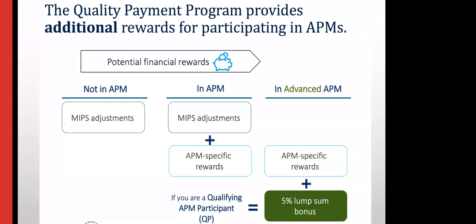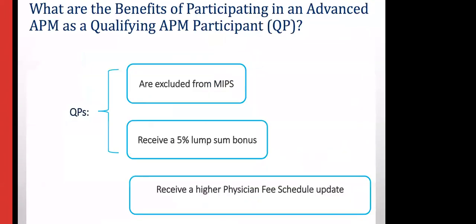And I believe that's our last slide, Debbie? Oh, no, sorry. In summary, you're excluded from MIPS if you're in a qualifying Advanced Alternative Payment Model, and you get the 5% lump sum bonus, and then you can receive a higher physician fee schedule update as well.